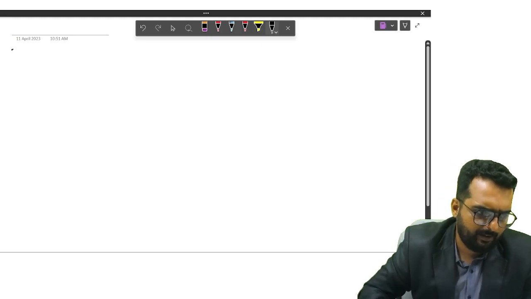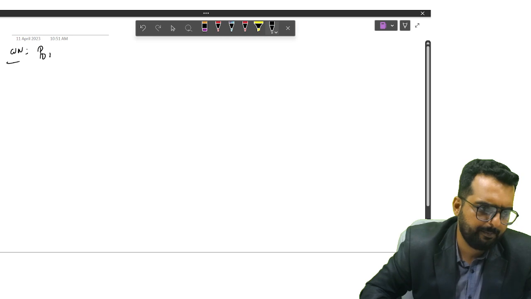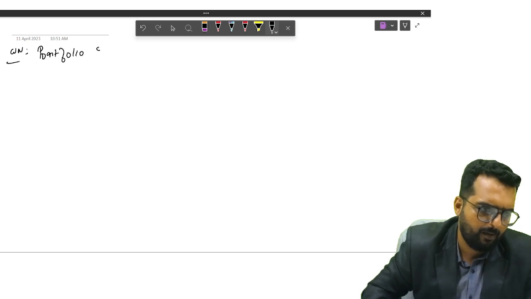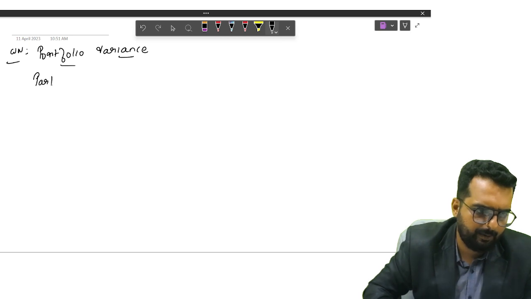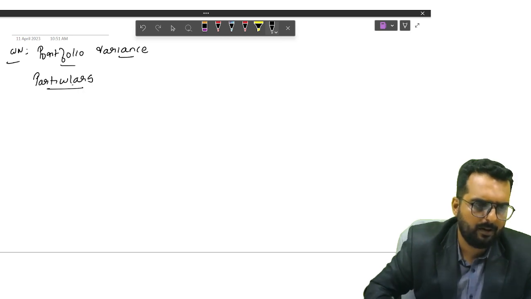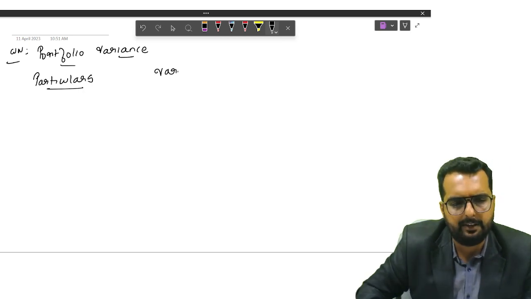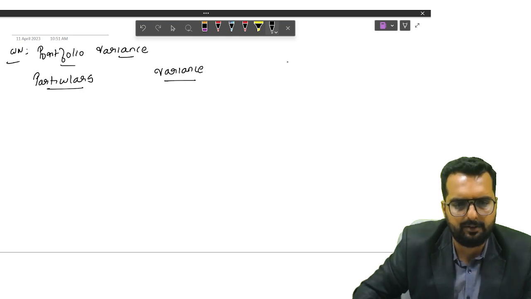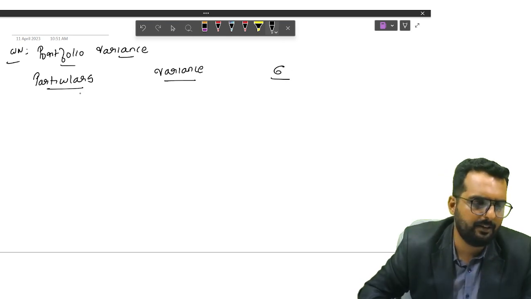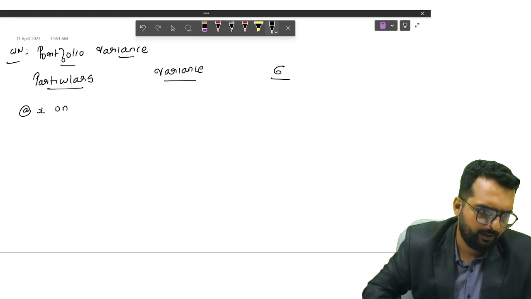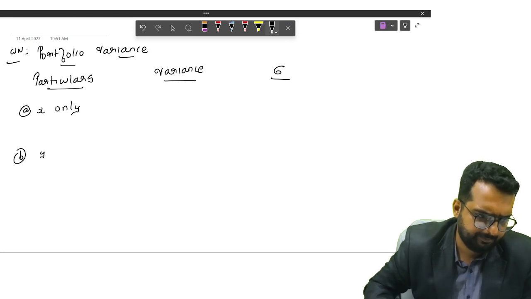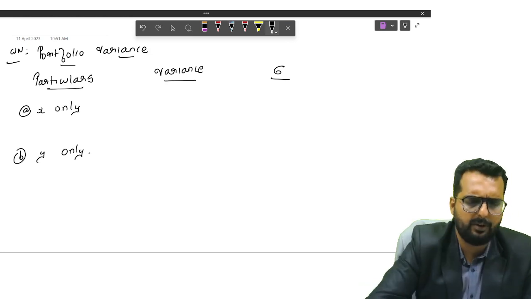Portfolio variance. So I'll write down the next working note heading. Portfolio variance. I'll draw a table like this, particulars, variance. Based on this, we can also find out the standard deviation, correct? First one will be X only, second will be Y only.